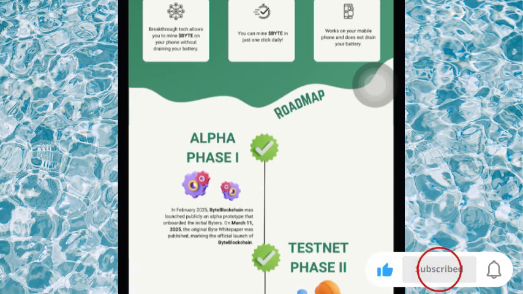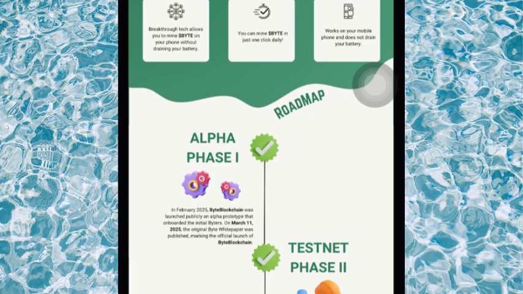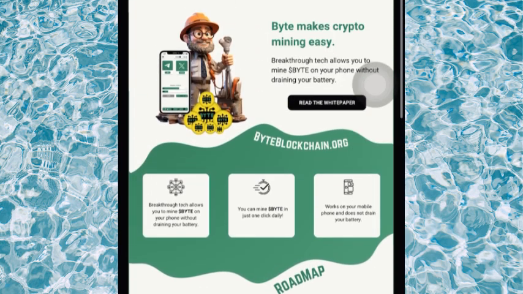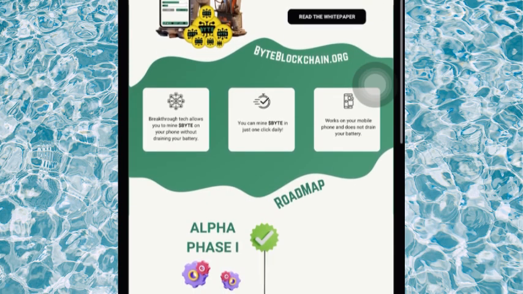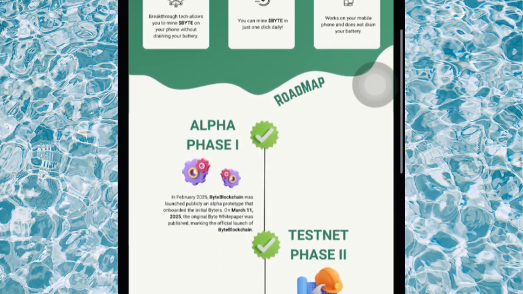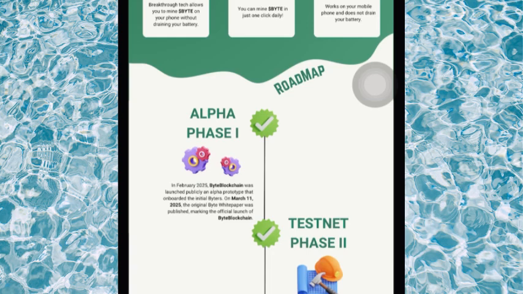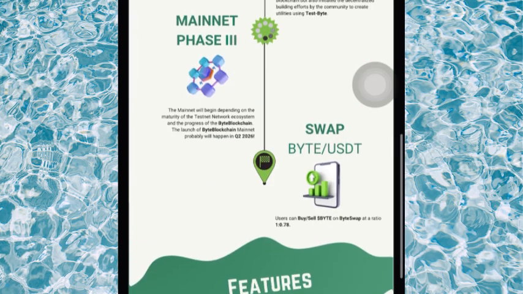On March 11, 2025, the original BYTE white paper was published, marking the official launch of BYTE Blockchain. So this white paper is talking about BYTE Blockchain, when it started its listing and where they're going to list. Yes, and you can see it all here, and you can see over at this mainnet phase 3.